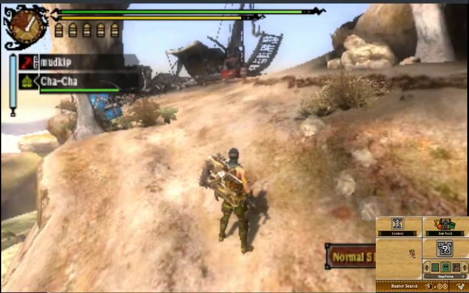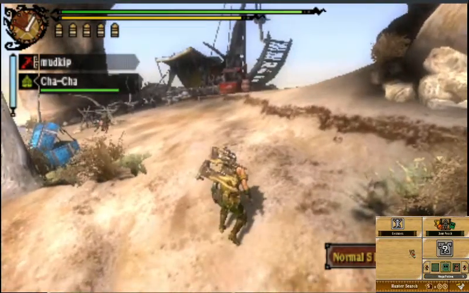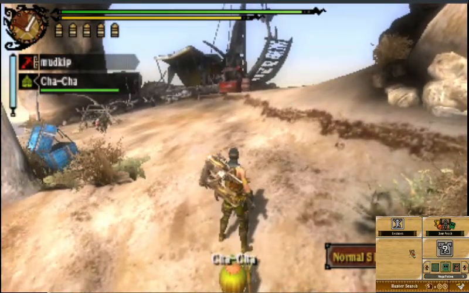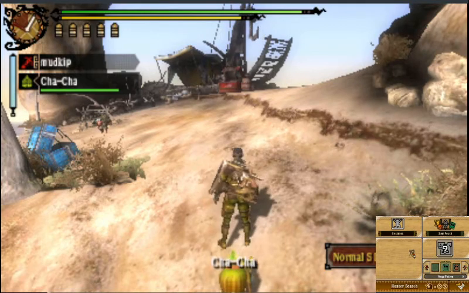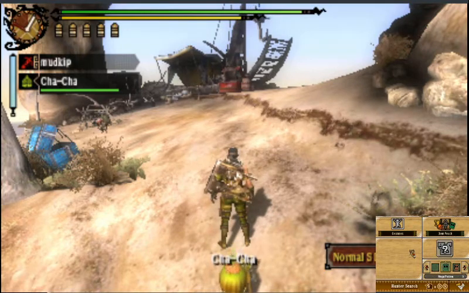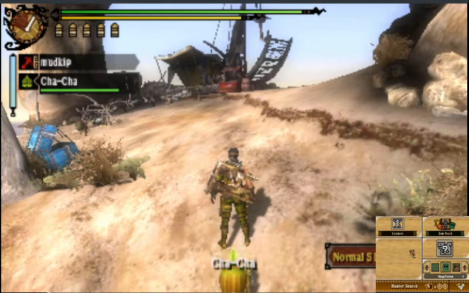So that's basically it for the heavy bowgun and the light bowgun. They are very similar, except the light bowgun is the more mobile version of the bowgun and will involve you running around and unleashing your rapid fire shots from optimal locations.